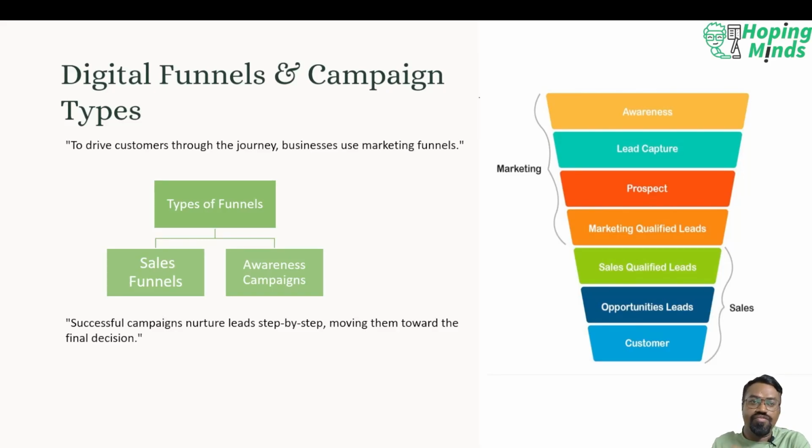The marketers would love to have your contact details, either your phone number or your email ID. Once the marketer has captured your lead, they will start prospecting, to see whether you are really interested in going ahead with this product. If they filter you out and find you are a genuine buyer, they will consider you a marketing qualified lead.